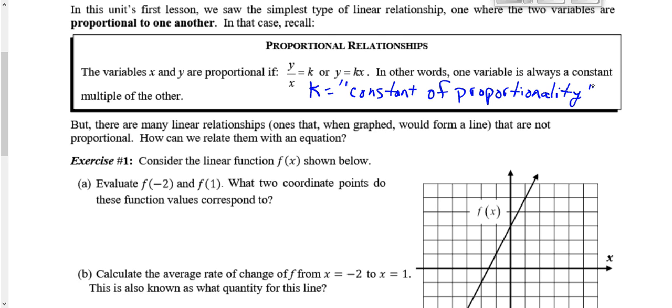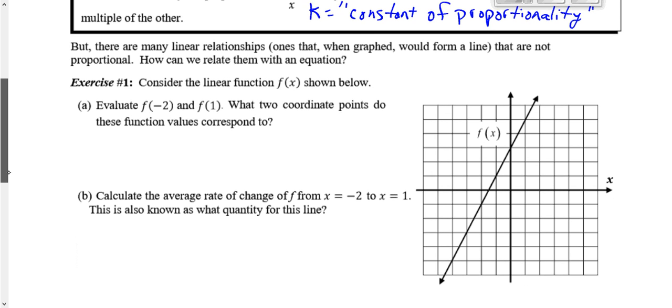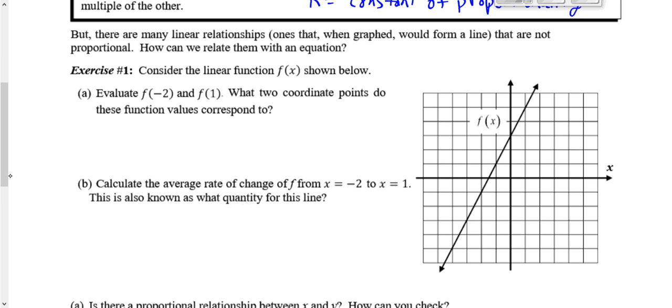All right. So let's look at this graph here in example 1. It's like a line. It has a y-intercept, it has some kind of slope, right? But they want us to evaluate f of negative 2 and f of 1. So let's take a look at f of negative 2. What does f of negative 2 equal according to that graph? I want a numerical value.